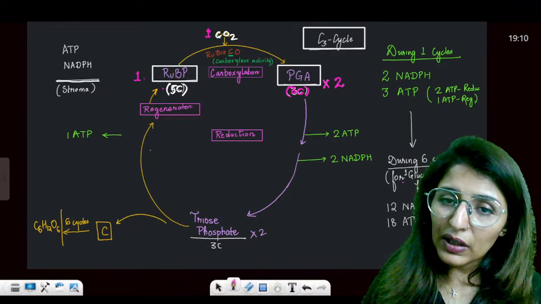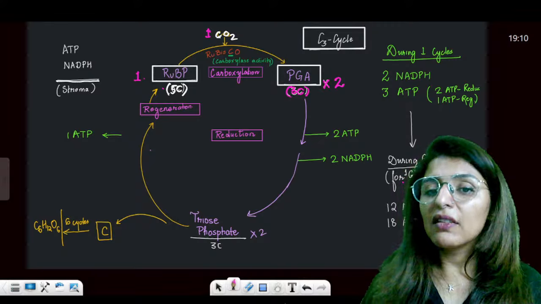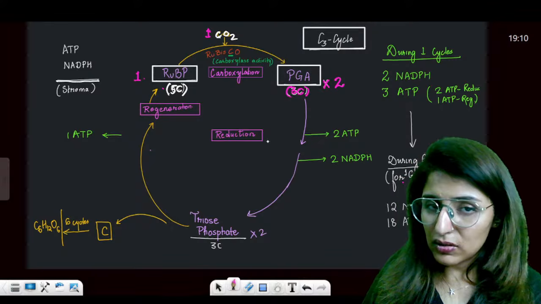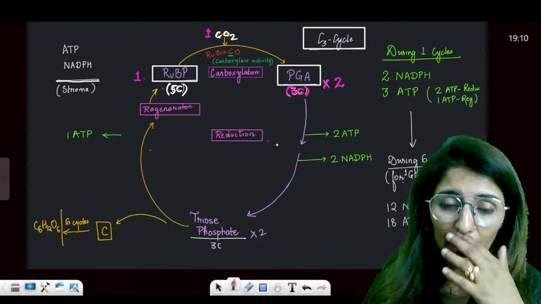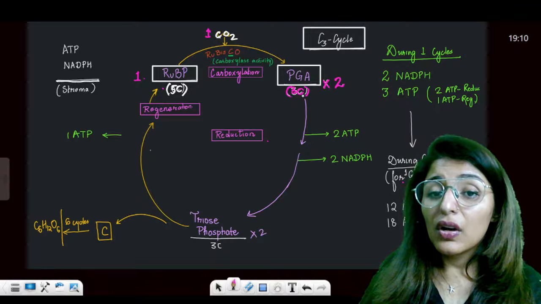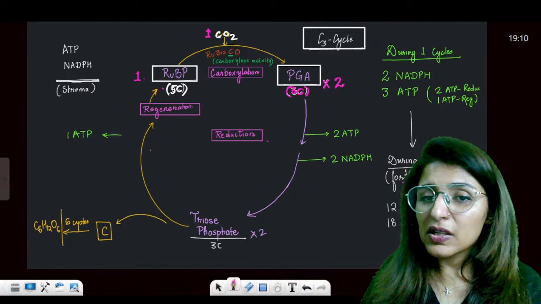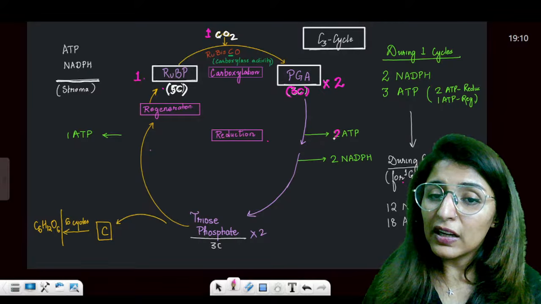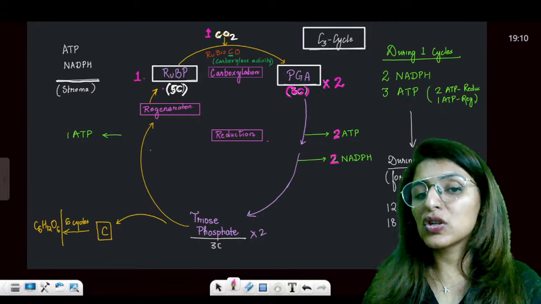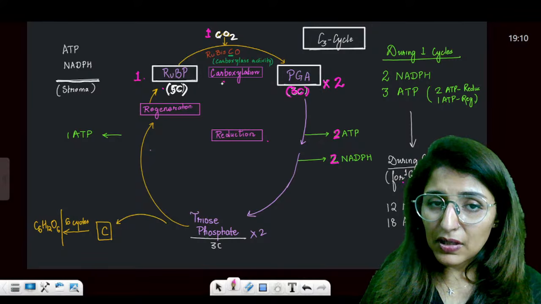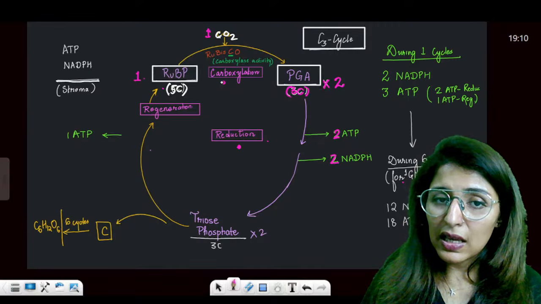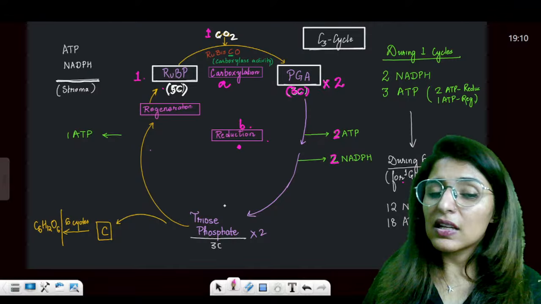Is that clear? Now each molecule of PGA will undergo reduction. 2 molecules will undergo reduction. Each molecule will require 1 ATP and 1 NADPH, and since we have 2, we'll need 2 ATP and 2 NADPH. So the first step is carboxylation. Second is reduction.